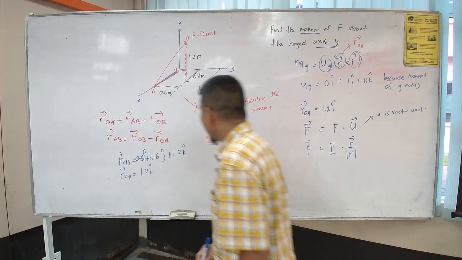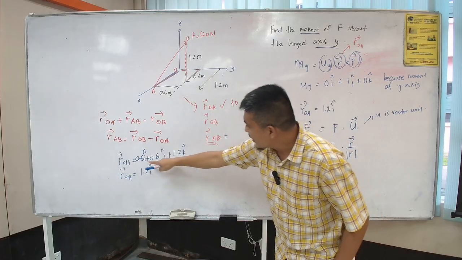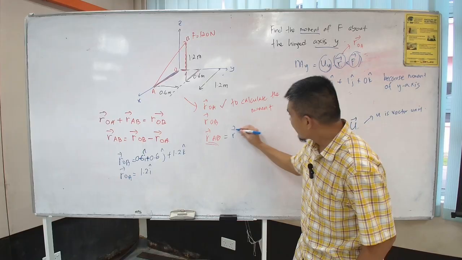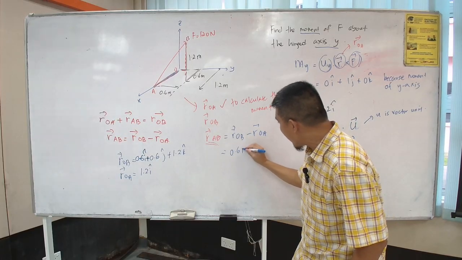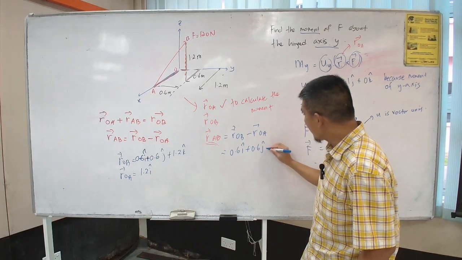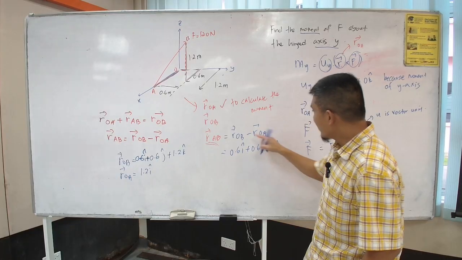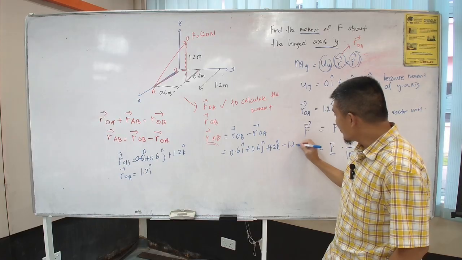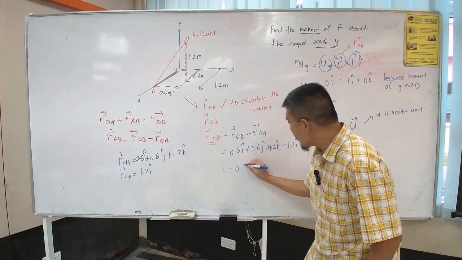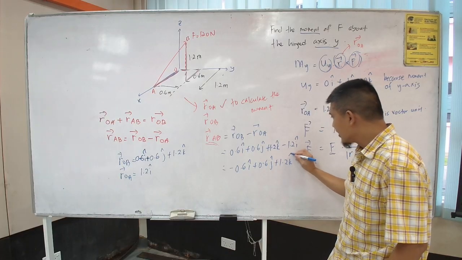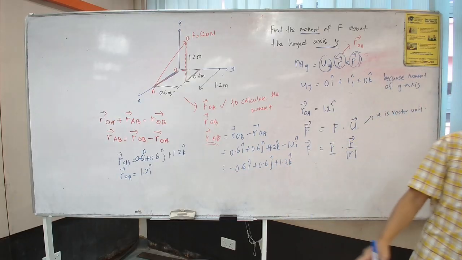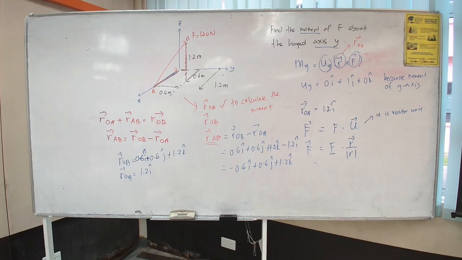So it means that RAB, which is ROB minus ROA, equals 0.6 I plus 0.6 J plus 1.2 K, minus 1.2 I. Finally, you get negative 0.6 I plus 0.6 J plus 1.2 K. So this is your RAB.